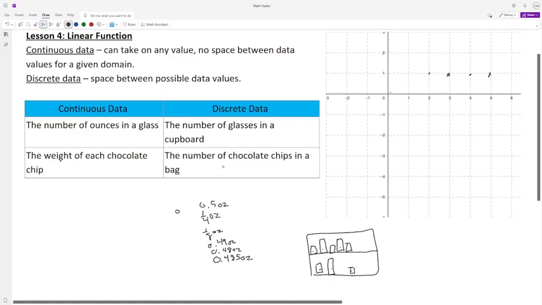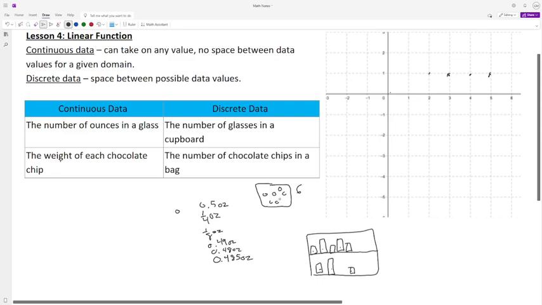The number of chocolate chips in a bag is the same deal. If you have chocolate chips in a baggie, you can count them. In this case, there's 1, 2, 3, 4, 5, 6. There are 6 in here. If we have a different number, there can be a different number. But again, it's going to be a whole number of chocolate chips. We can't have a half chip.